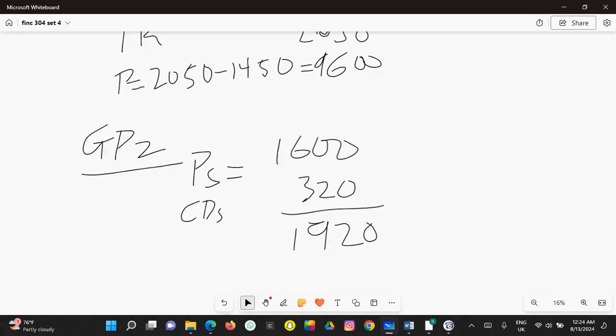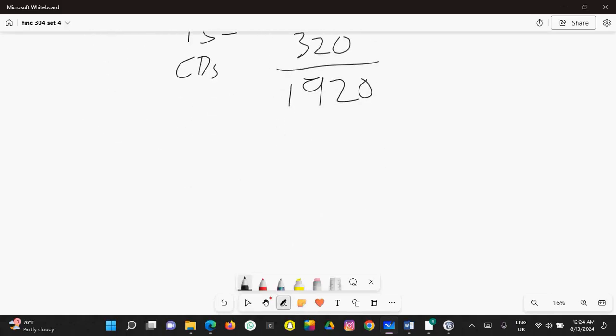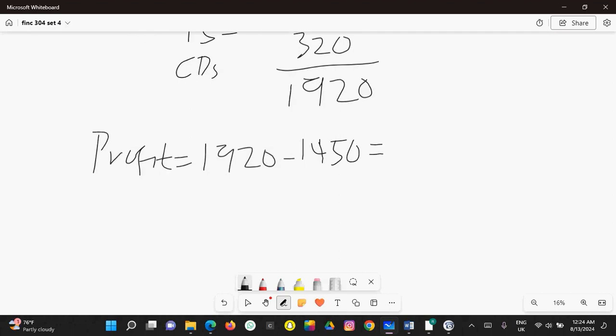Remember, our total cost is fixed throughout, so profit is going to be 1,920 minus the cost, which is 1,450, and we are going to get 470. Then group 3.